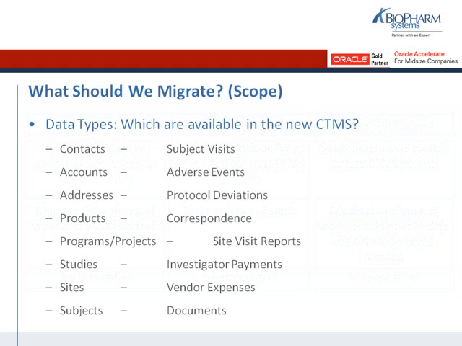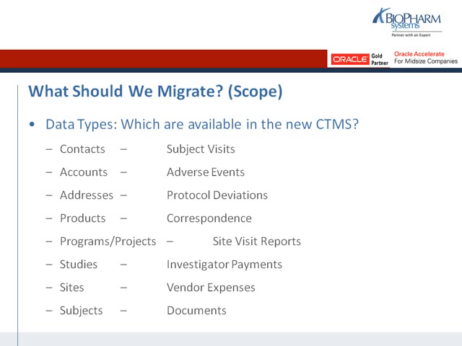So now we've narrowed the scope from a study perspective as to which studies to migrate. Now we must define the scope of data types or records within those studies that hold information that we want to migrate to the new system. For this, we need to determine what you have available to track in the new system.